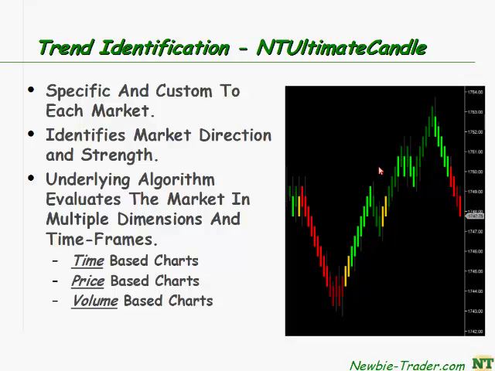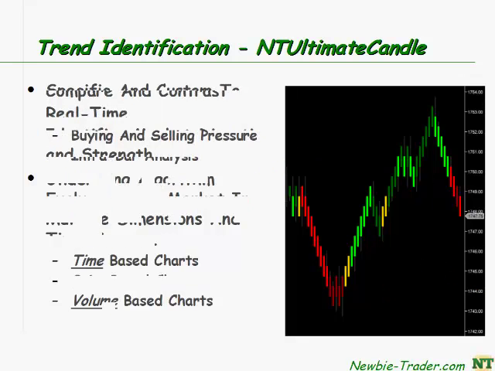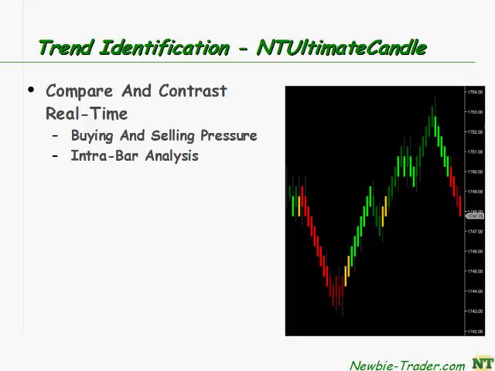We look in all these different directions at all these different markets, evaluating the strength, and we come up with a color-coded system. We compare and contrast all that information in real time to the actual buying and selling pressure happening at a specific point in price and time.